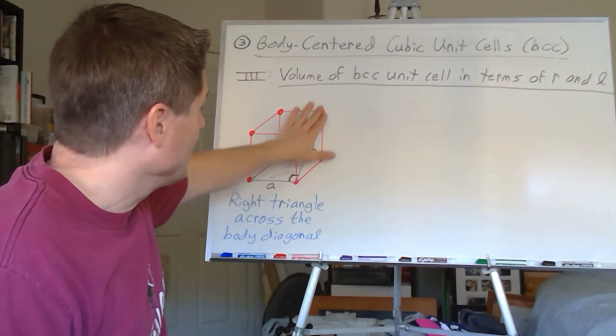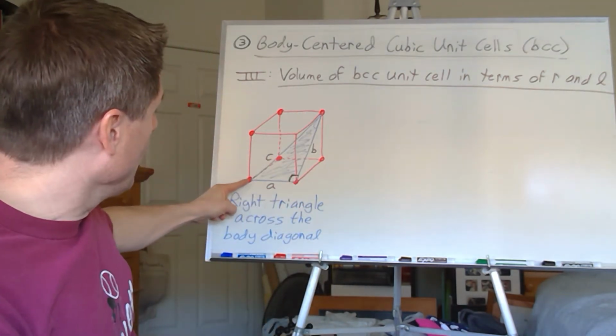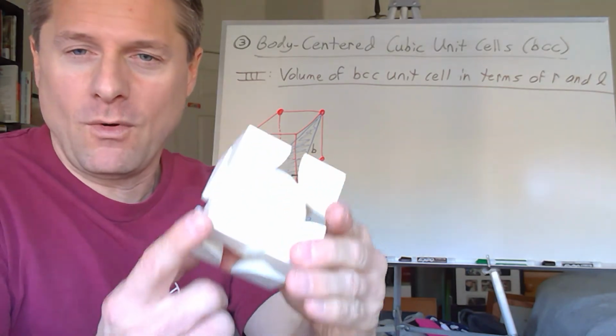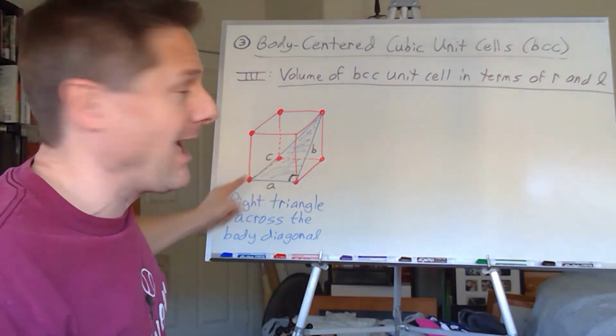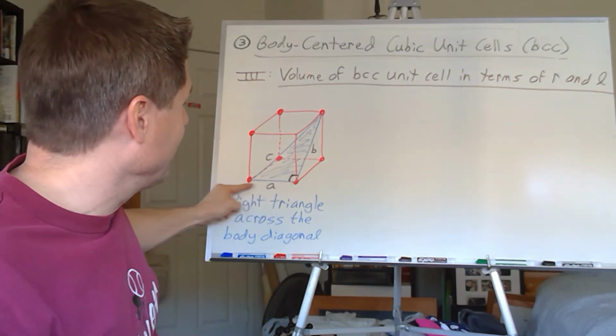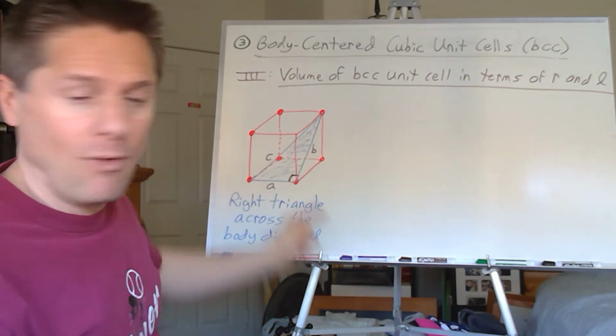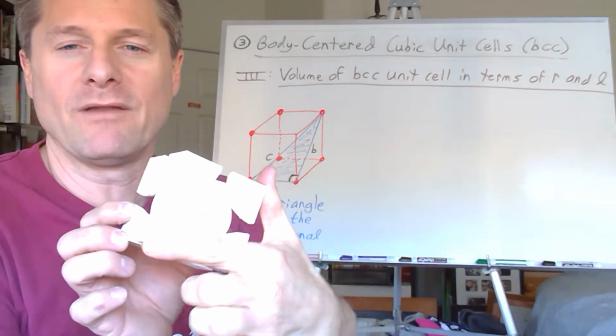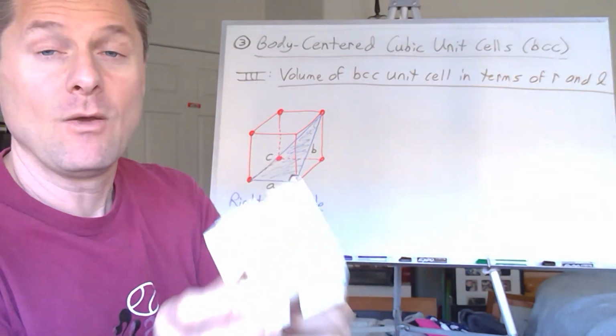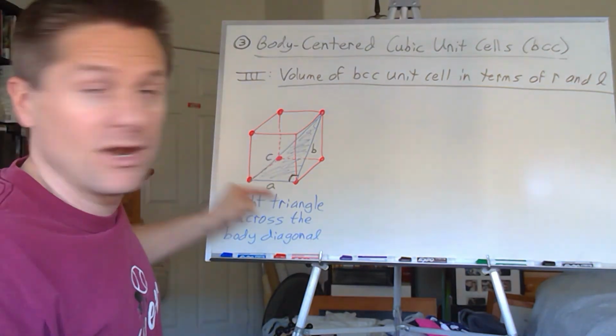So we've got a right triangle that goes from the front corner to the rear opposite corner all the way across. And then you've got this edge length, and then you go across the side face here. So one of the lines goes across the face, one across the body diagonal, and one across an edge length.